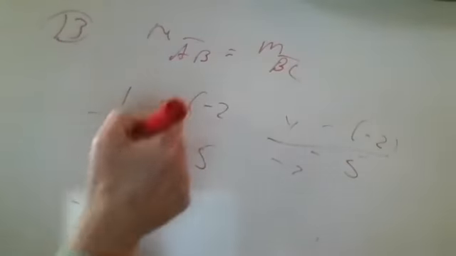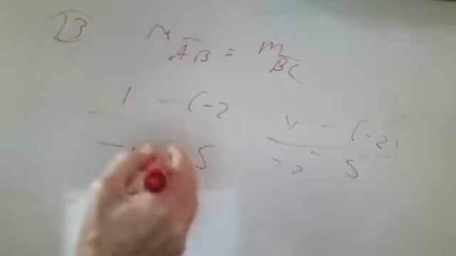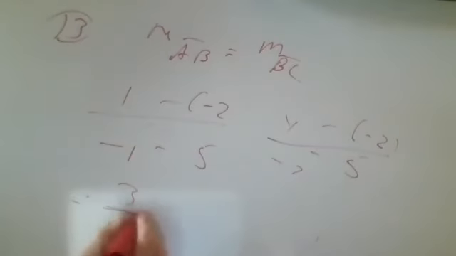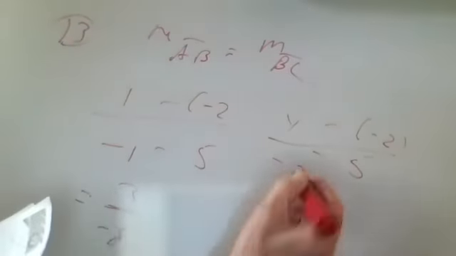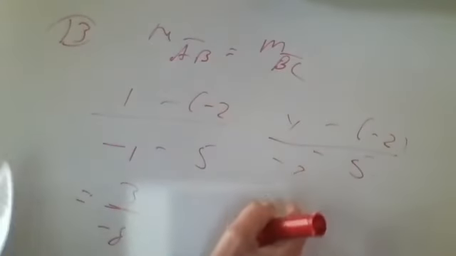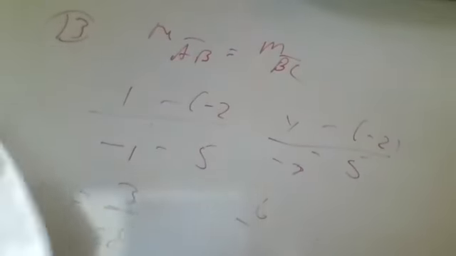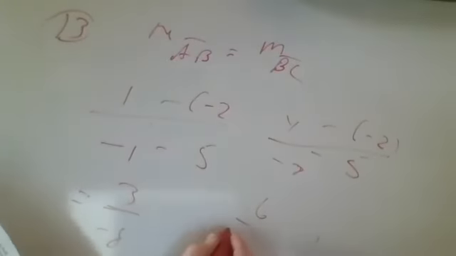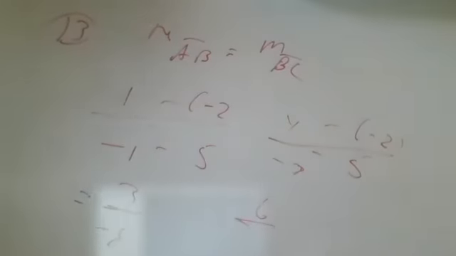A negative times a negative is a positive. 1 plus 2 is 3. And -1 minus 5 is -8. And negative times negative is a positive. 4 plus 2 is 6. And -7 minus 5 is, I'm sorry, -7 minus 5.